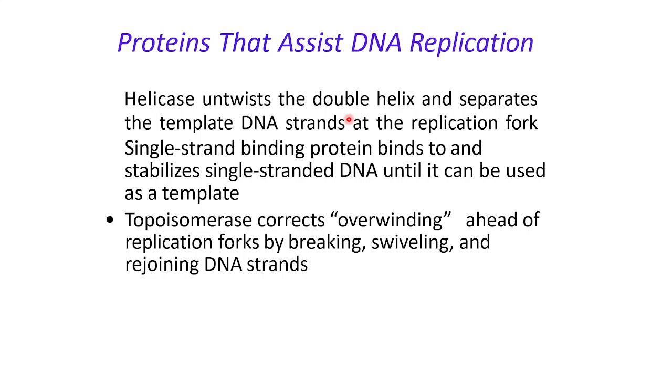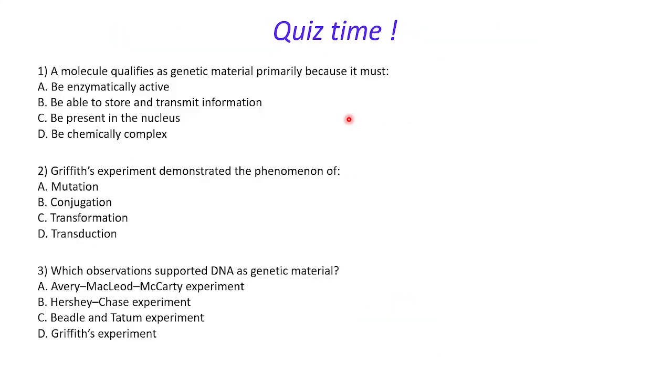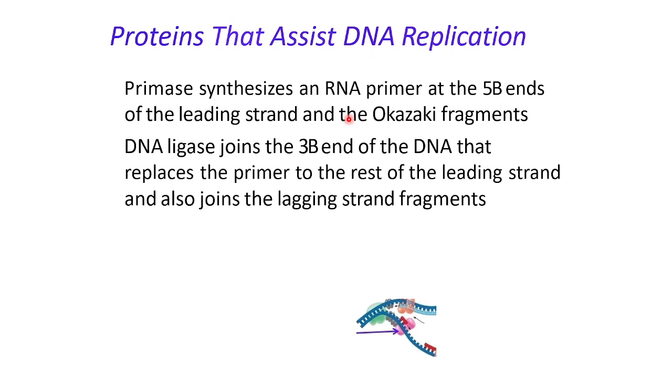So these proteins work one after the other, sometimes simultaneously together, to undergo this replication. But all of these proteins are playing an important role over here. Okay. So yes. Any questions?